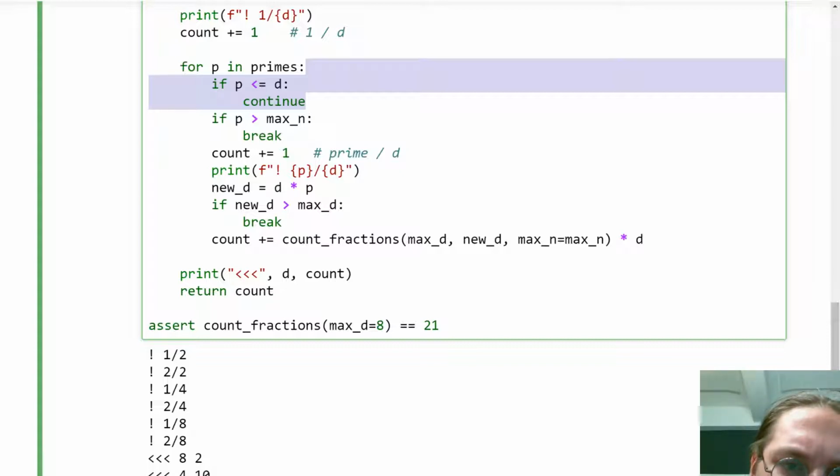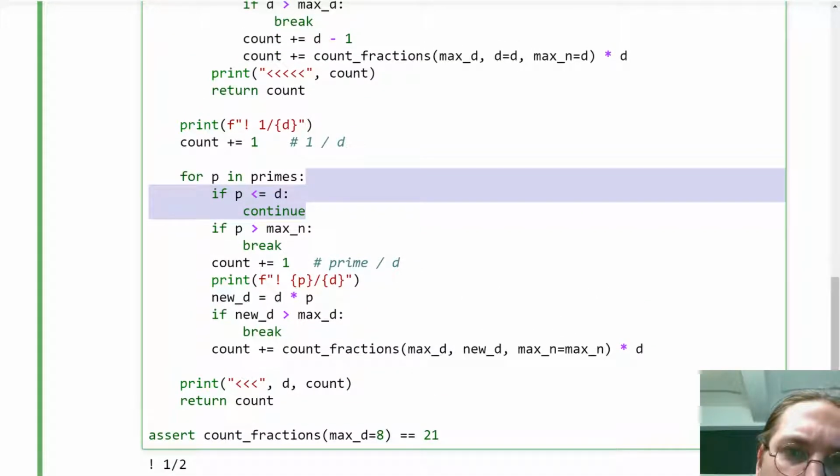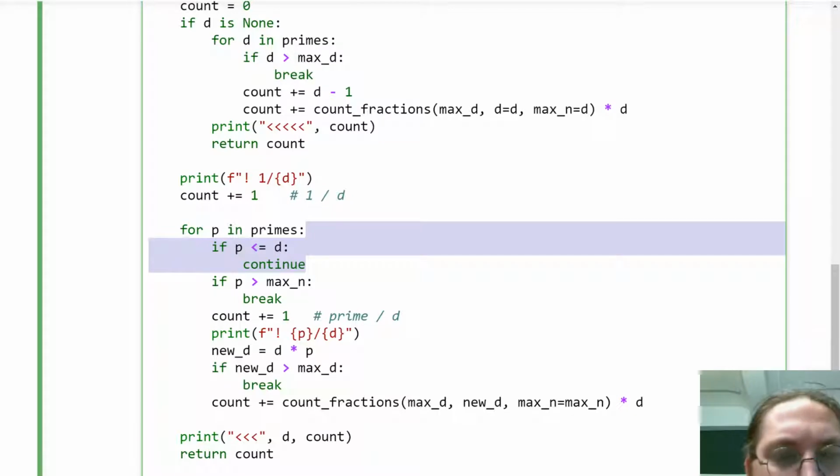So this is the number of 3's that you get in the factor: 3 minus 1 times 3 to the 1 less. And this is the same as 3 to the r minus 3 to the r minus 1.